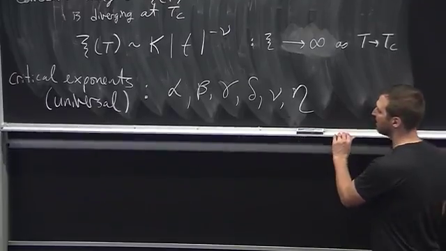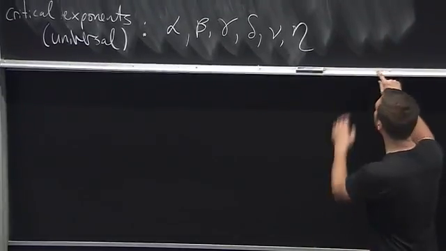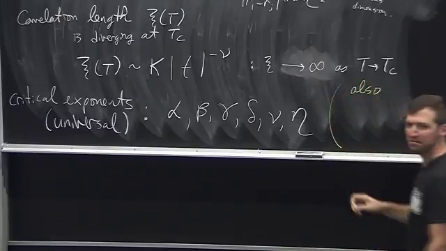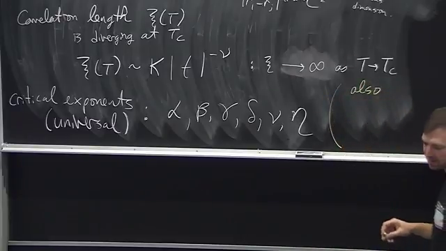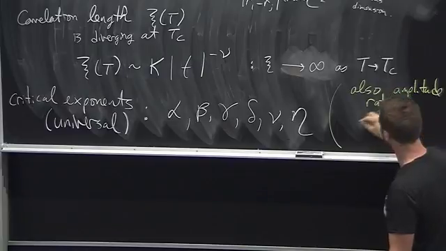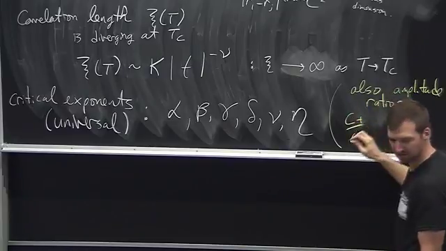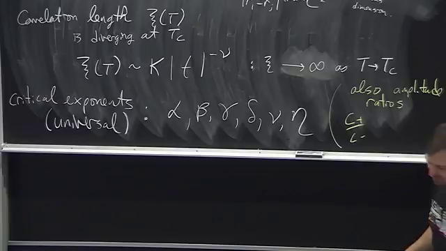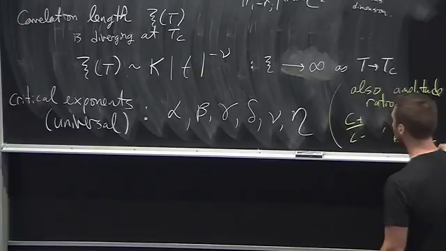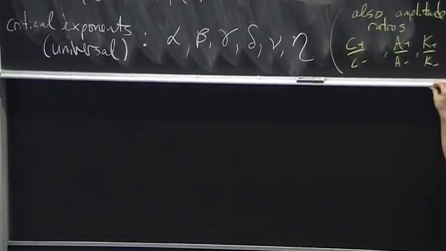And there's also critical amplitudes. I'll just make a note here. You're calculating one of these in your assignment. We're not as interested in these amplitude ratios. So C plus over C minus, maybe that's the one you're calculating. You have critical amplitudes A and kappa. But the exponents are what we're most interested in.